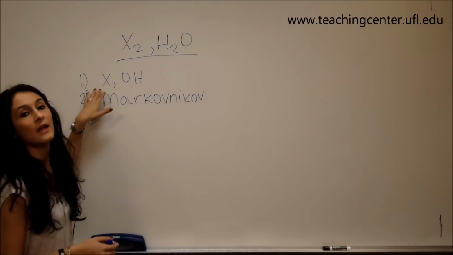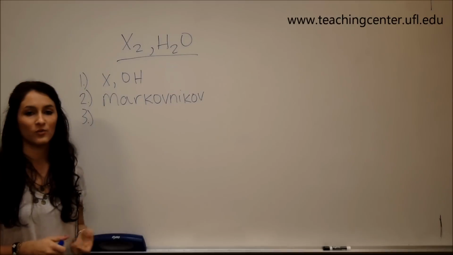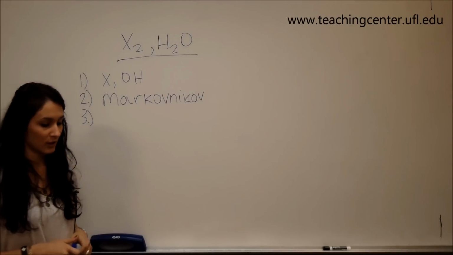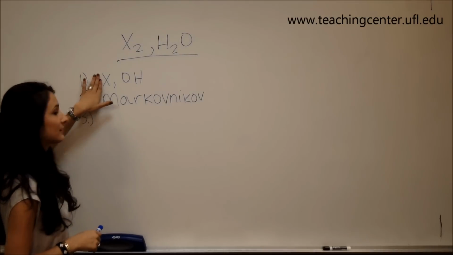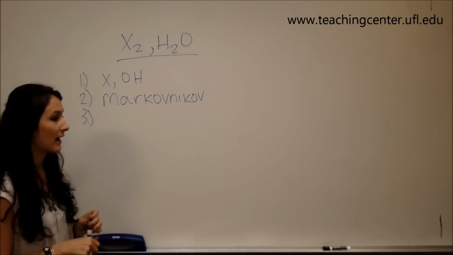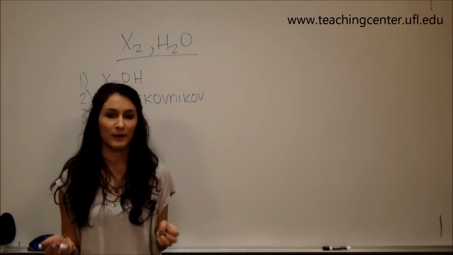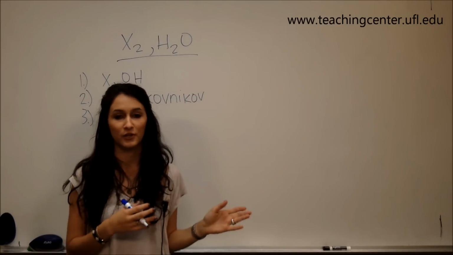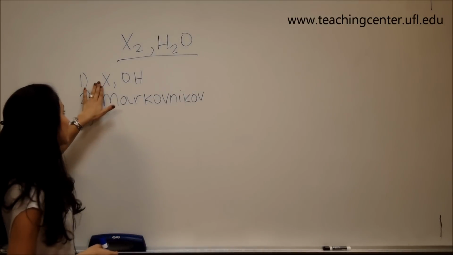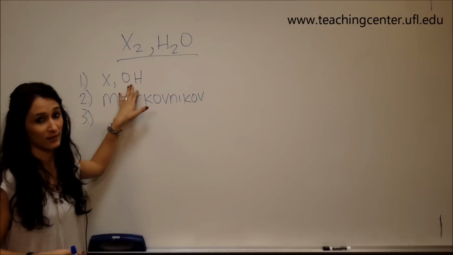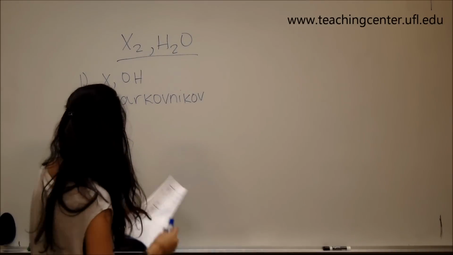We're adding a hydroxyl and an X. So which one adds to the less substituted carbon? That's going to be your X. You can think about your halogen as your hydrogen in the other reactions. So this adds to the less substituted carbon. This adds to the more substituted carbon.